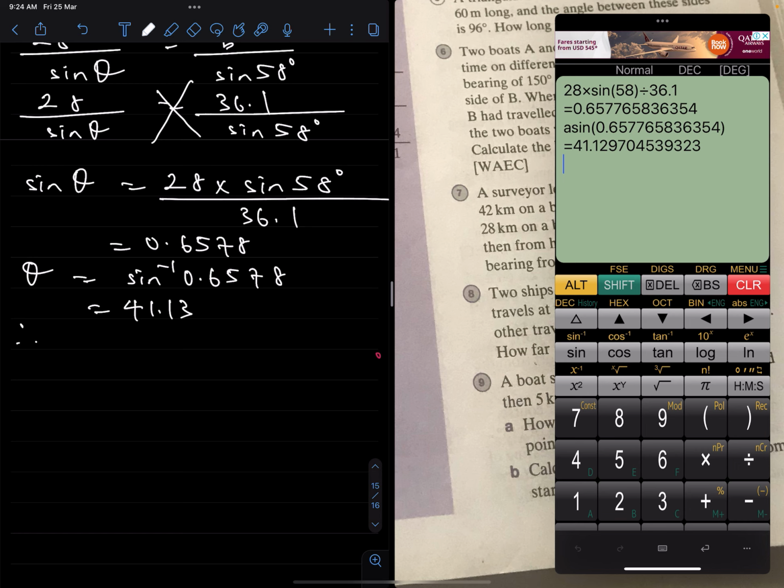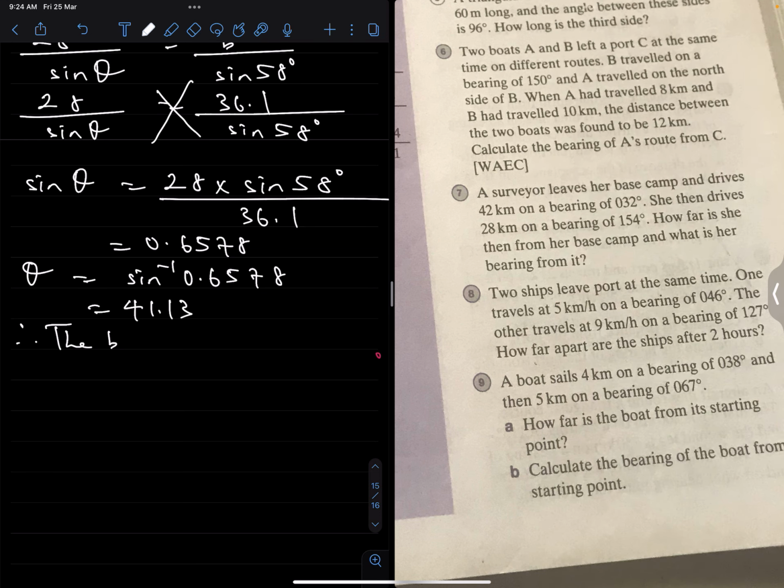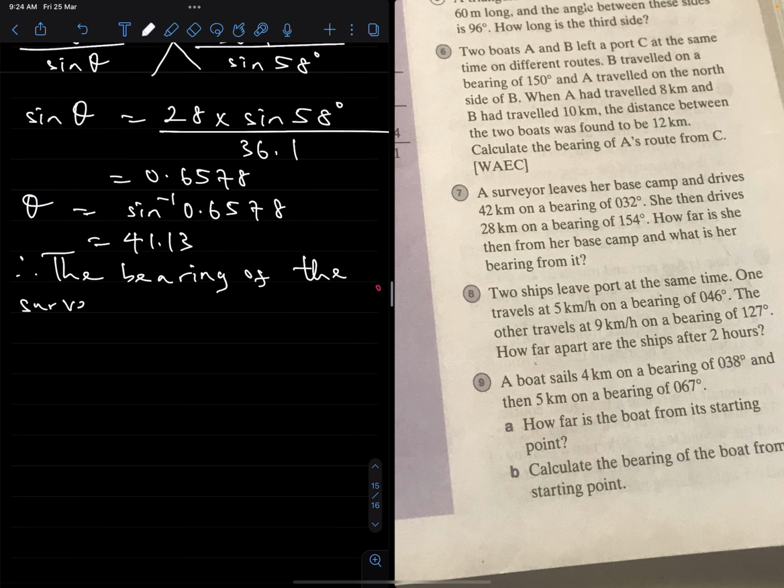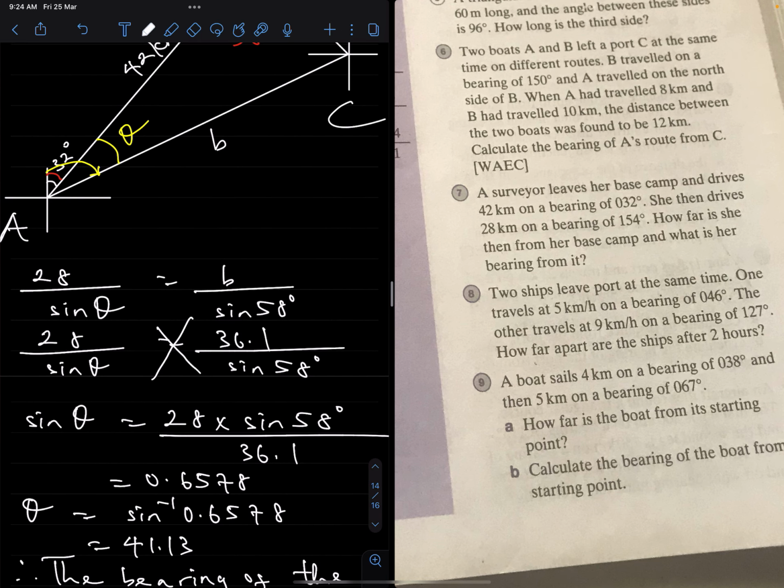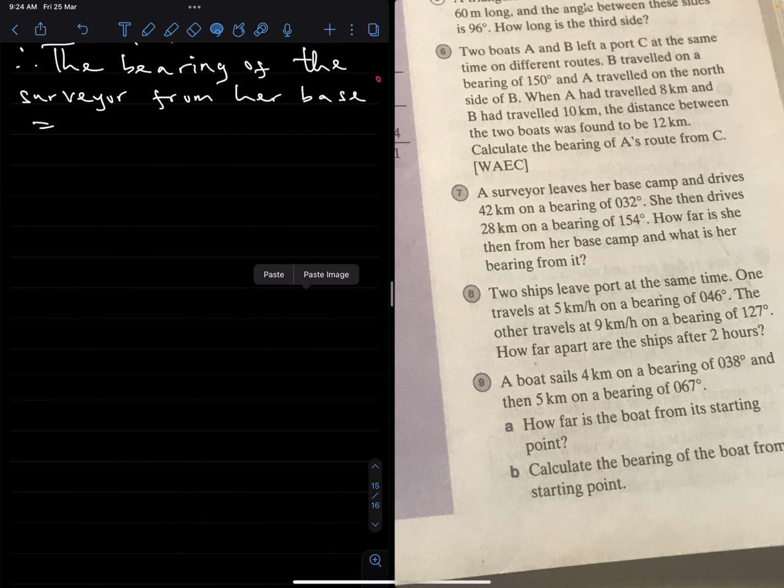Now, therefore, what is a bearing from our base camp? The bearing of the surveyor from our base camp is equal to, this is it, we can see the diagram.